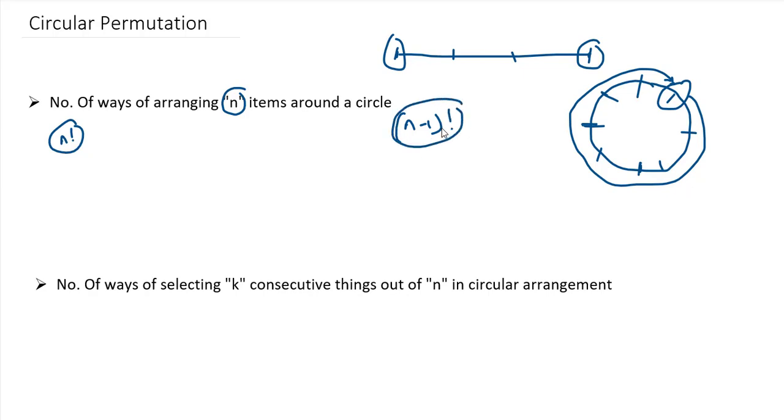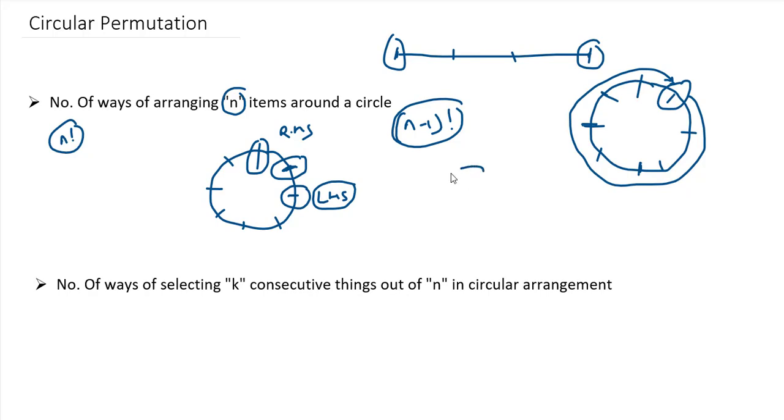Now in case of people sitting around a circular table, there is some distinction between the clockwise and the counterclockwise arrangement. If I have taken this as a reference point, the person sitting at this point will be on the right hand side of this person and the person sitting at this point will be on the left hand side. So these two are different people. Whereas in case of a necklace, the beads are all the same.